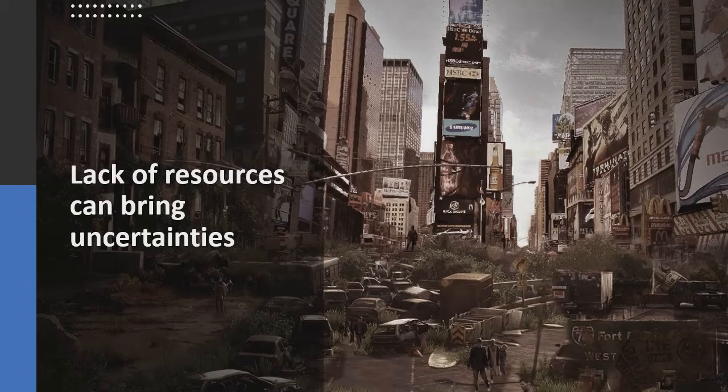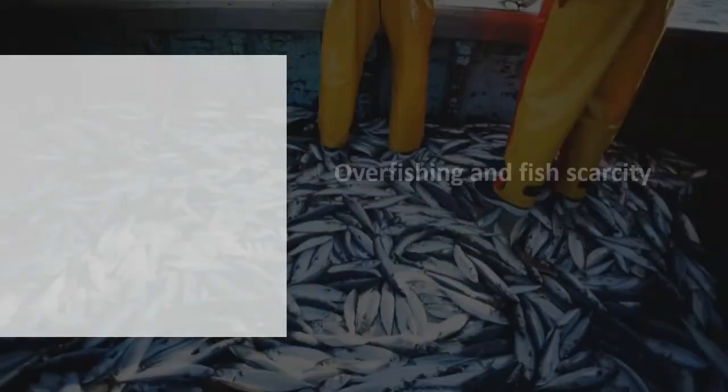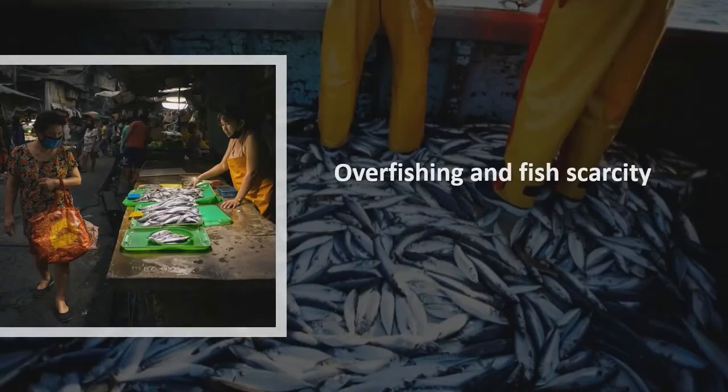An example is, soon the earth could run out of phosphorus, which is an essential element for plant growth. Overfishing. It is a human behavior of getting more fish than the fish can recover its population through natural breeding. This can result in fish supply scarcity.